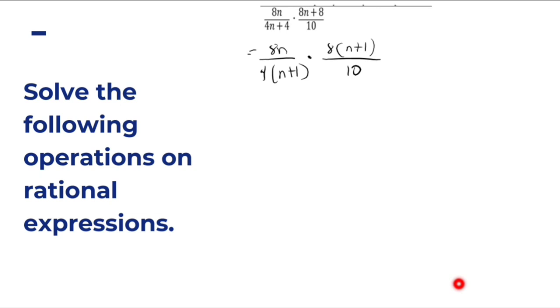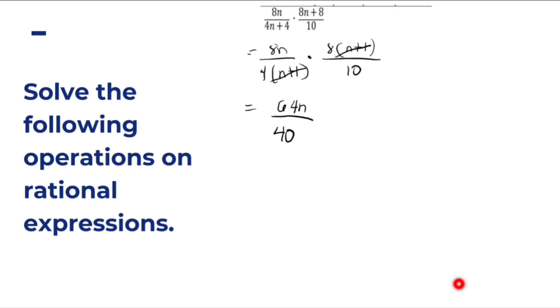So as you can see, our common factor is n plus 1. So we'll just cancel them. And then you'll have to multiply whatever is left. So that's 8n times 8, which is 64n over 4 times 10 is 40.